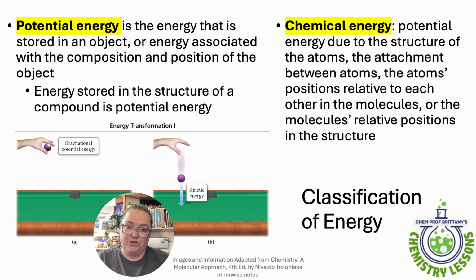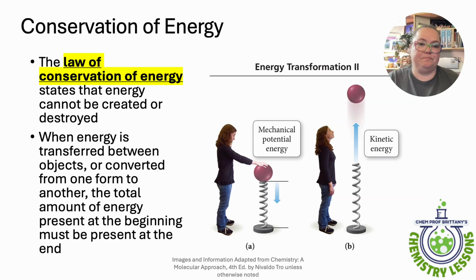Now, in chemistry, we see it as chemical energy. This is the potential energy that is stored as a result of the structure of the atoms, how the atoms are arranged relative to one another, how molecules are arranged relative to one another, etc. That is chemical energy, and that's how we see it in chemistry.